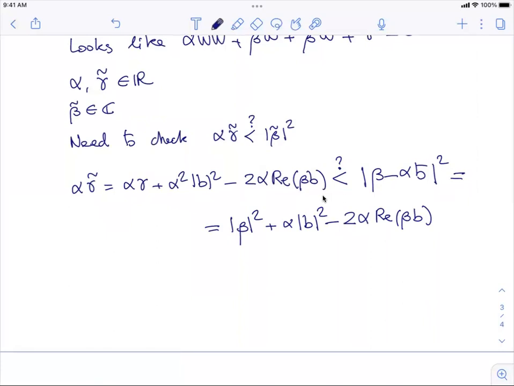Now we just notice that this term here, we got it here, and this term here, we got it here. So there is cancellation. This is equivalent to alpha gamma less than the modulus of beta squared, which we know is true. So everything checks out.